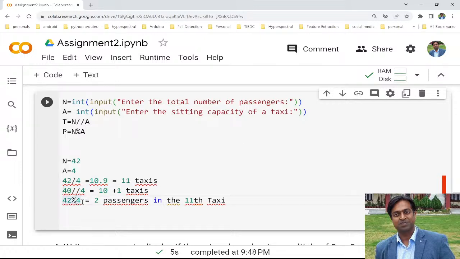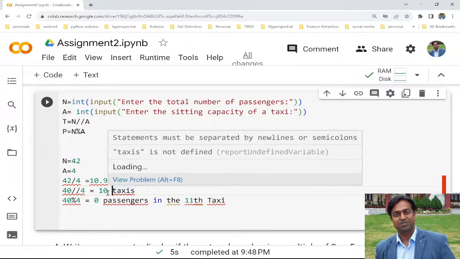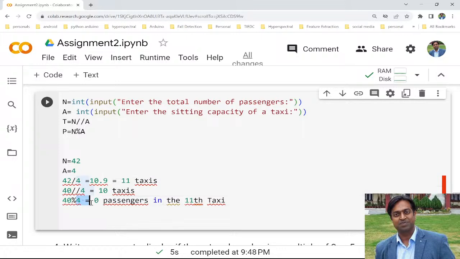And there are no extra passengers, right? 0 passengers, so the total taxis will be only 10. It will not be plus 1. It means we have to add plus 1 only if there are some extra passengers, right?